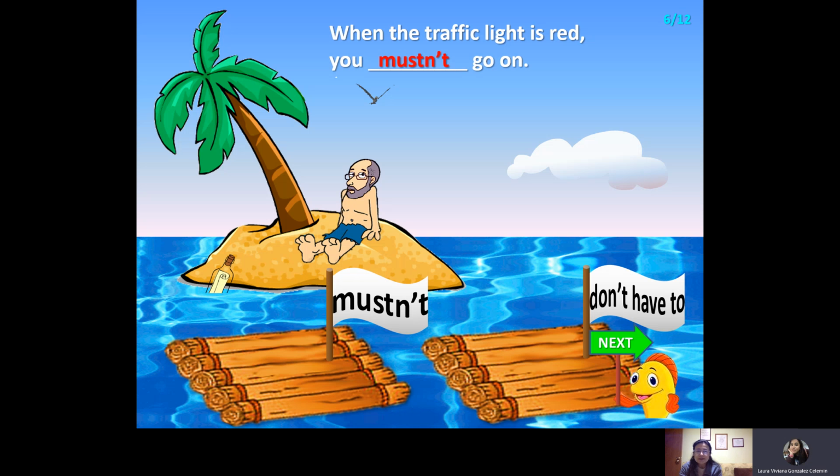When the traffic light is red, you mustn't go on. Very good. You mustn't go on. Next one.